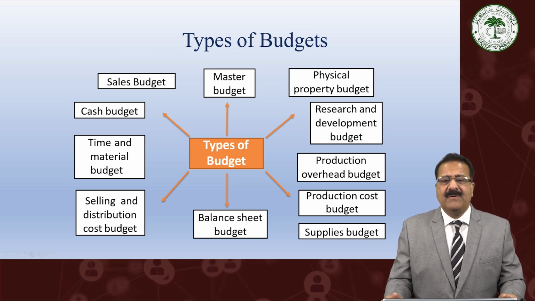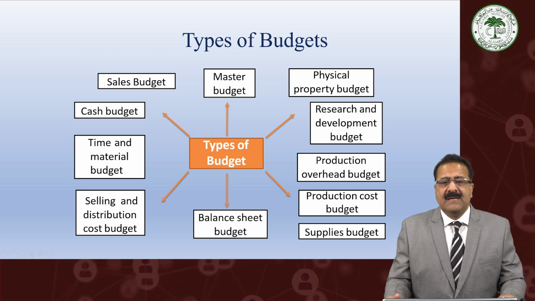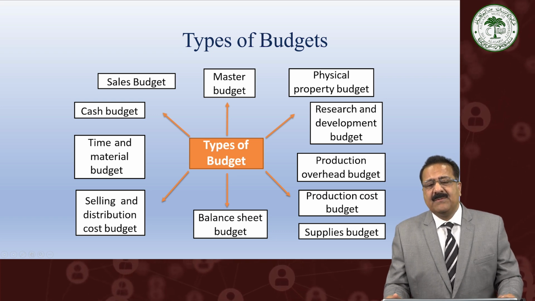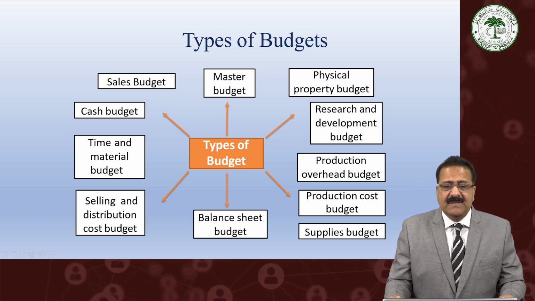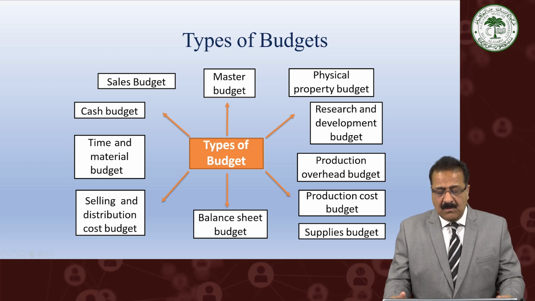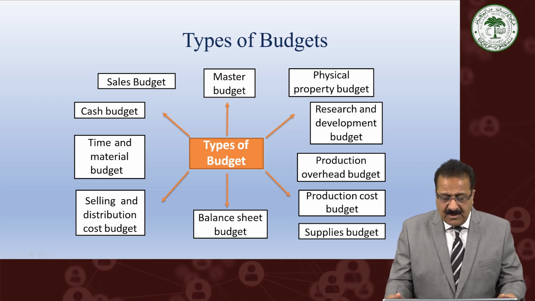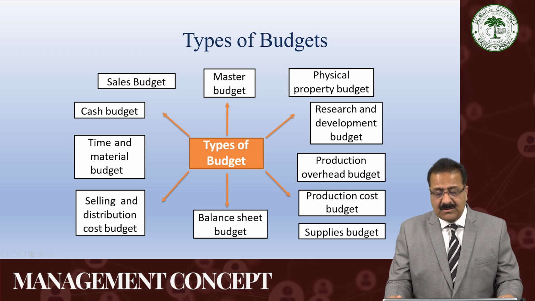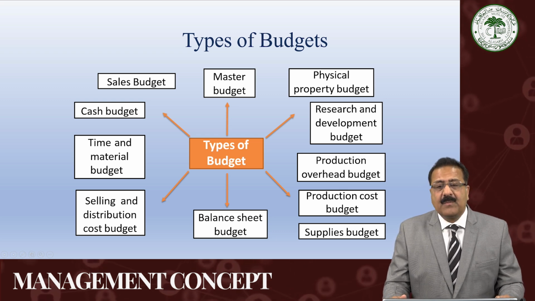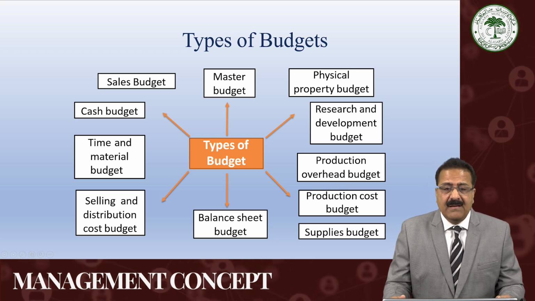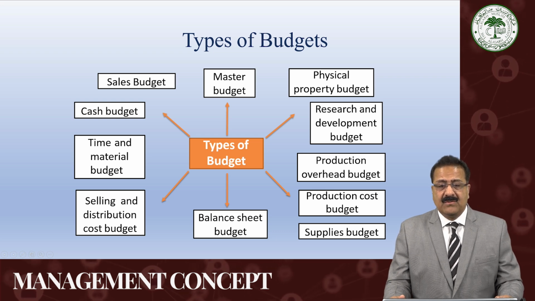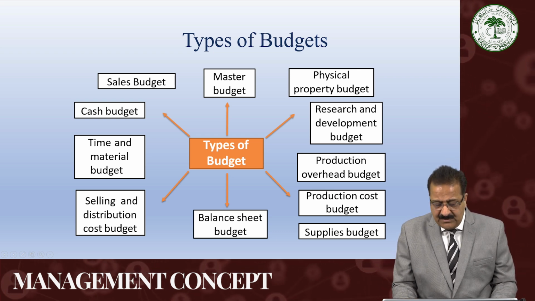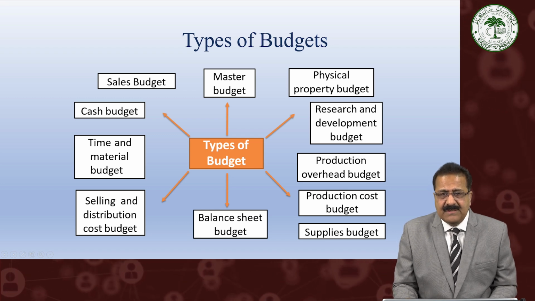Organizations prepare different budgets like the master budget, sales budget, cash budget, time and material budget, selling and distribution cost budget, balance sheet budget, supplies budget, production cost budget, production overhead budget, research and development budget, and also the physical property budget along with the master budget. So these are the different types of budgets which are prepared, students, for different organizations.